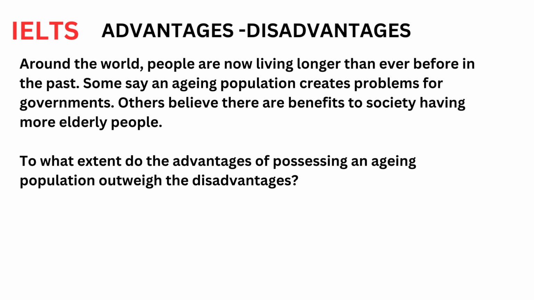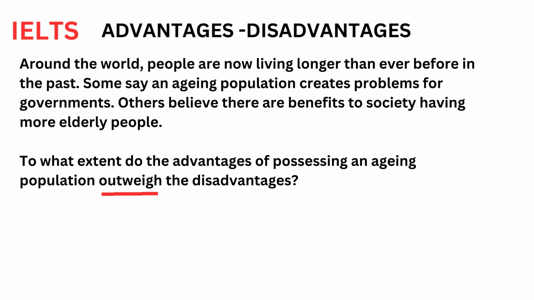So, what do you think? Think about this for a moment, particularly the question, to what extent do the advantages of possessing an aging population outweigh the disadvantages? Well, the first problem I see is it takes away your choice with what's the advantages and what's the disadvantages, because it already tells you that it believes that the advantages of possessing an aging population outweigh the disadvantages.